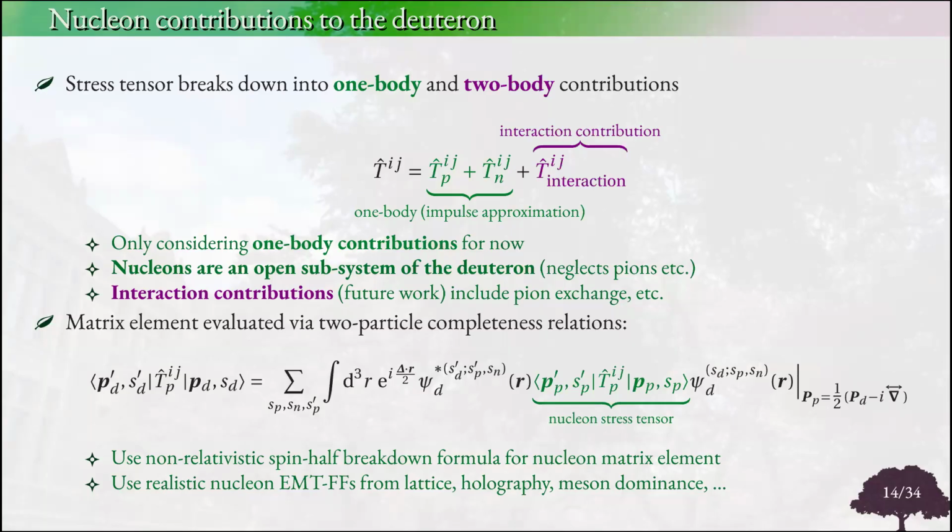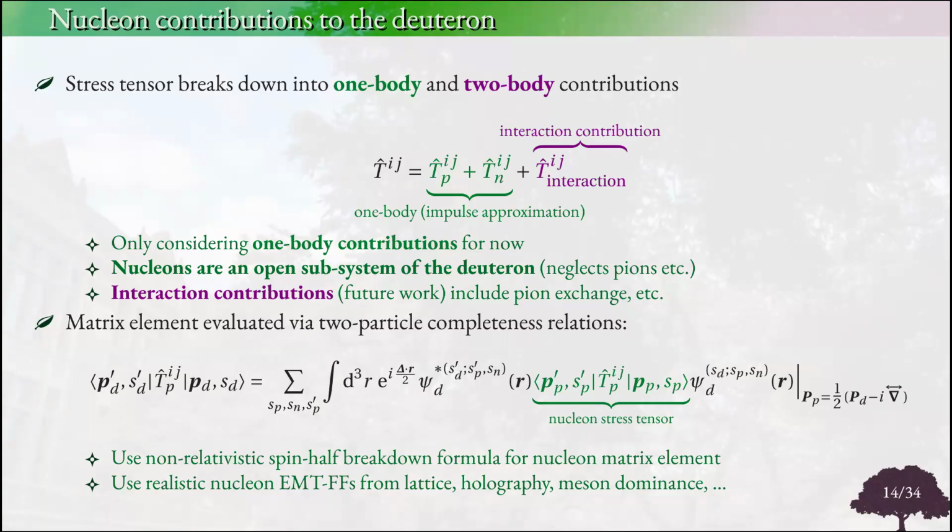We evaluate the stress tensor by using a two-body completeness relation. So we insert, say, the one-body operator for stress carried by the proton between momentum kets. We expand the momentum kets as a sum over all possible states the proton and neutron can be in, and we get an expression that looks like this, an integral with the deuteron's internal wave function.